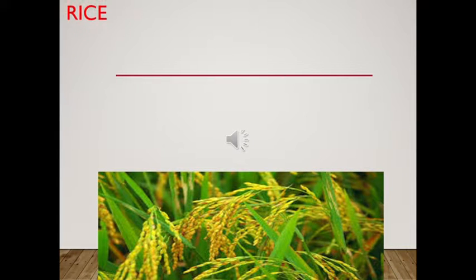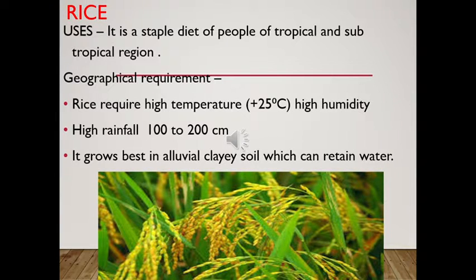Rice. Rice is one of the major food crops of the world. It is a staple diet of people of the tropical and subtropical regions. Bran and husk obtained from the cultivation of rice are used as fodder and as food.